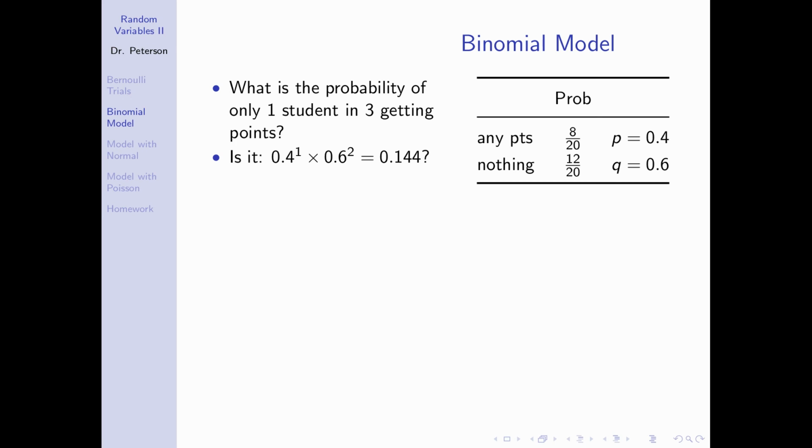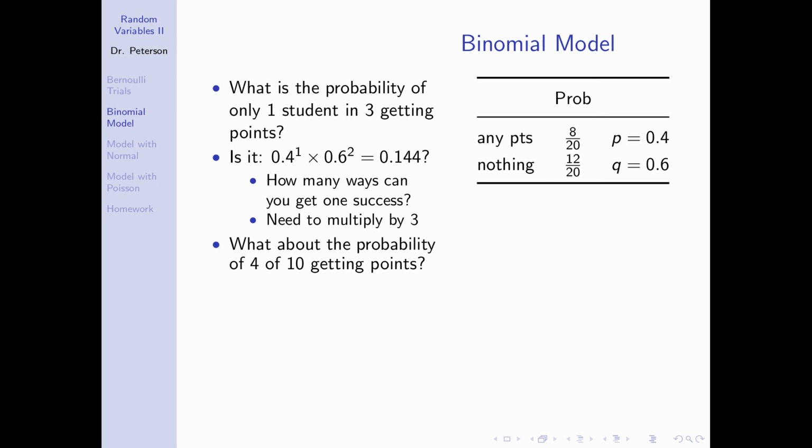Now, because I'm asking you this, you probably know the answer is no. But why is that true? Think about how many ways we could get one success in 3 students. Okay? Imagine something on your desk that you're watching this as the 3 students. Any one of those 3 could be the success, so there are 3 possibilities. So we need to multiply this 0.144 by 3 to get our probability of getting 1 success.